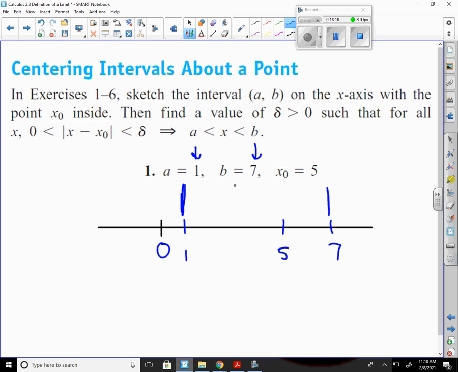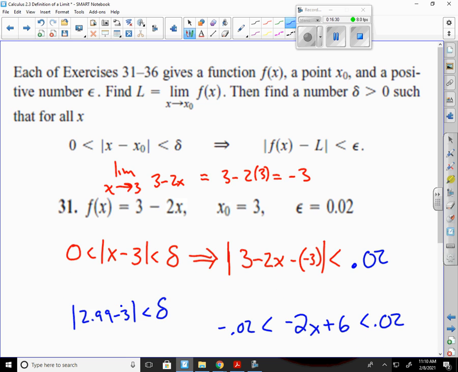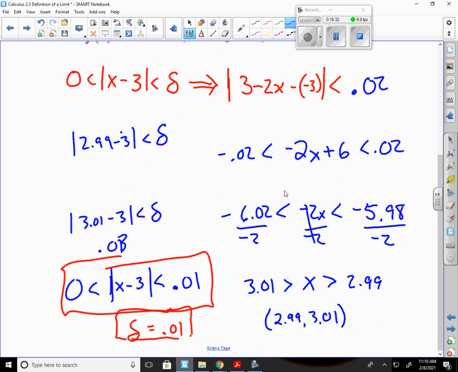Those are my endpoints. So what would I set my delta at so that I would include all the values? This is like I'm coming down to the end of my problem here, and I have it between two values.